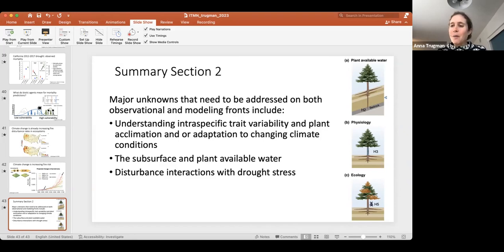So figuring out the most translatable value, like what is the most relevant value from the field, since there's even some debate on how you measure that trait, is an important area that the plant hydraulics folks could use more help in. But that's certainly not comprehensive of all of the traits.